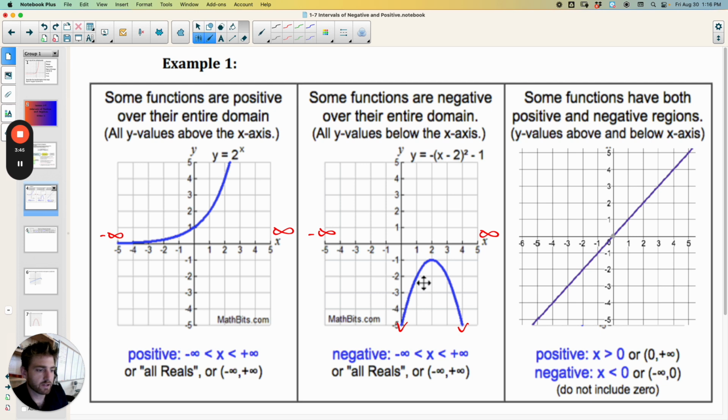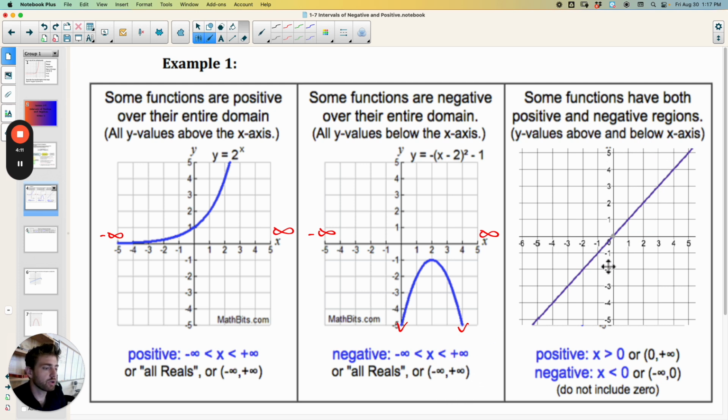Look at this graph: when x is 1, this value is negative 2. When x is 2, this value is negative 1. When x is 3, this value is negative 2. All of my values are negative. So we call this function negative on the domain of negative infinity to positive infinity. You could also call it all reals, or you could write it like this right here.